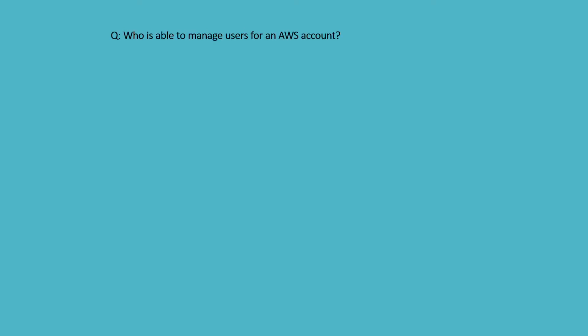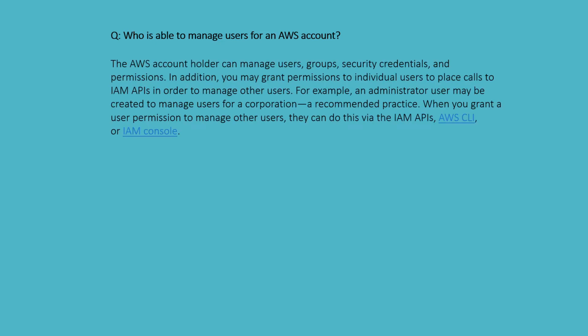Who is able to manage users for an AWS account? The AWS account holder can manage users, groups, security credentials and permissions. In addition, you may grant permission to individual users to place calls to the IAM API in order to manage other users. For example, administrator users may be created to manage users for a corporation.